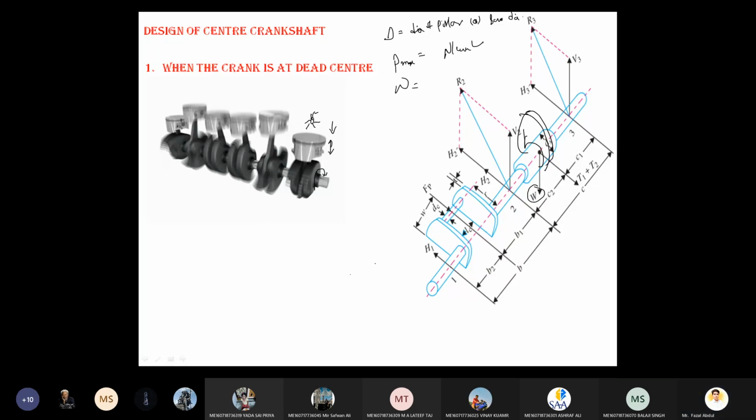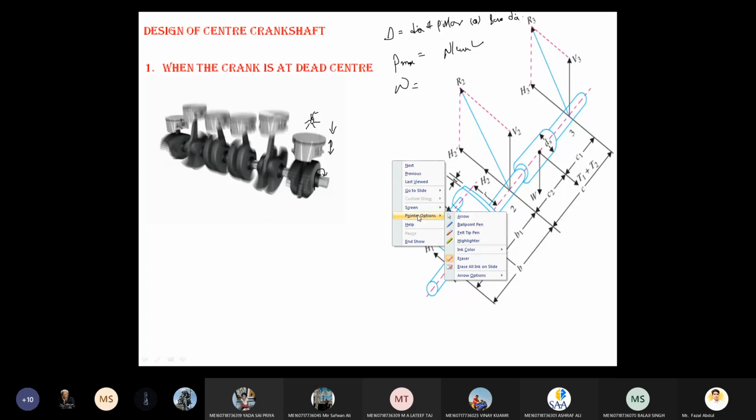I am removing this flywheel. It acts vertically downwards. And T1 plus T2 appears here as one component. This T1 plus T2 is the resultant belt tension in newtons.